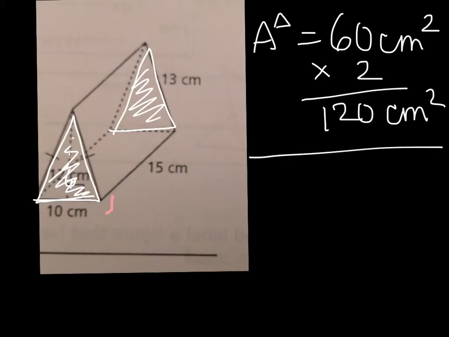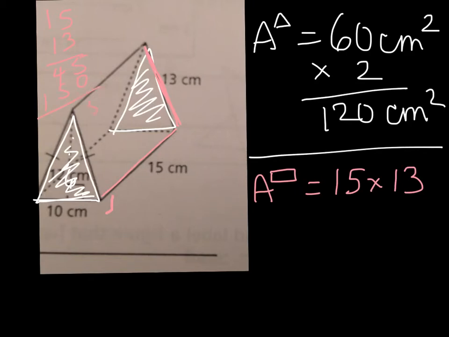Well, now I have a rectangle that is 15 by 13. So for that, I have area of this rectangle is 15 times 13. So I'm going to do my work over here. 15 times 13 is 195. So the area of one rectangle is 195. But if you look, you have a triangle.